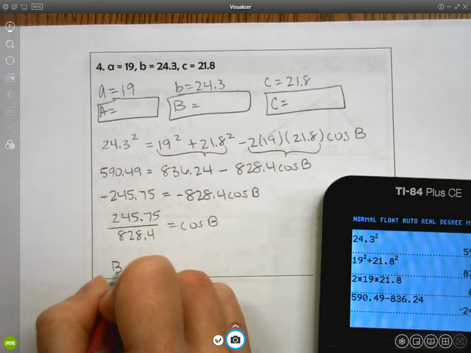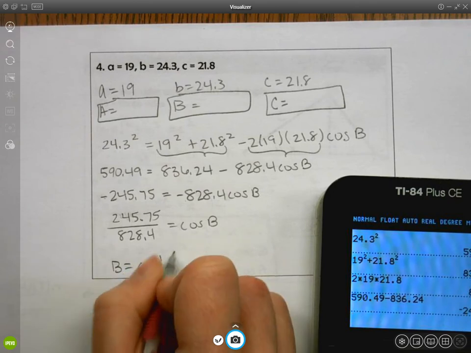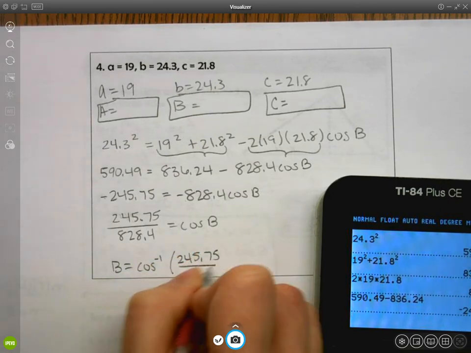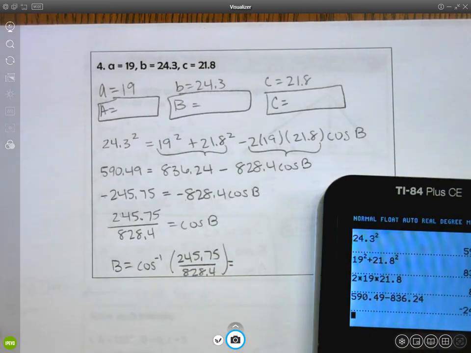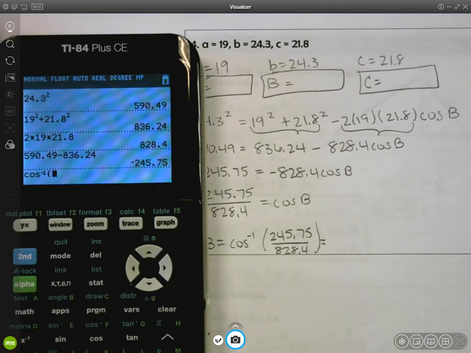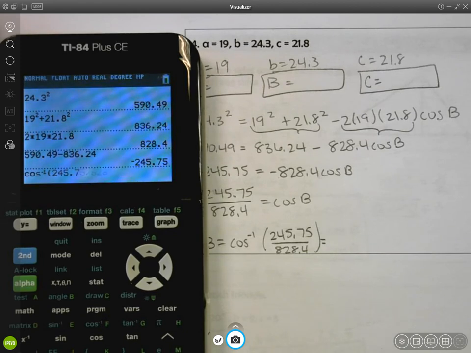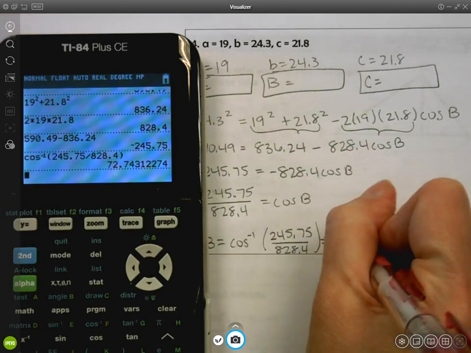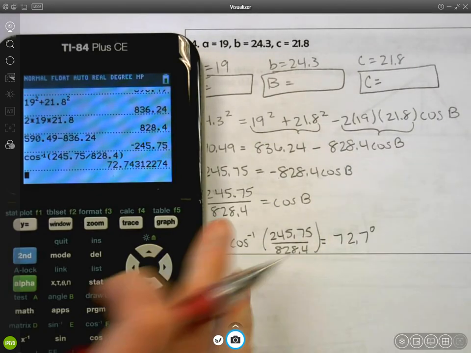And then we can say that B will be equal to inverse cosine of 245.75 divided by 828.4. So inverse cosine 245.75 over 828.4. And that gives me 72.7 degrees.